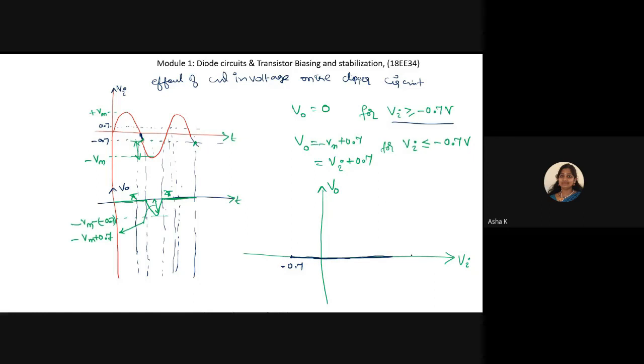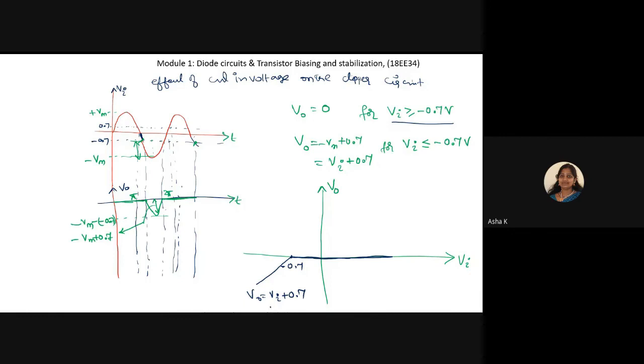Output voltage is equal to 0 volts. After this value, minus 0.8, minus 0.9, minus 1, all those values, there will be an increase in the value of the output voltage. Till what point? Till the point V input plus 0.7 volts.